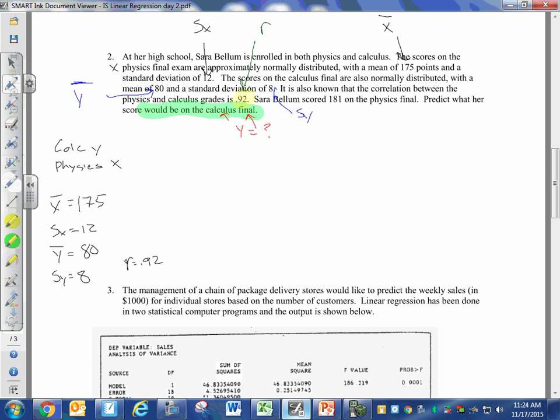That's your M. Once you have your M, remember you have your point, X bar, Y bar.